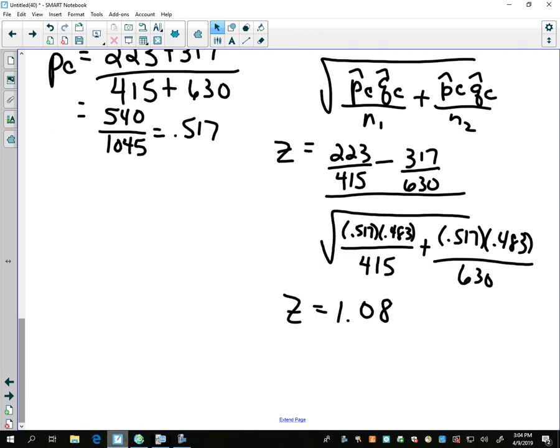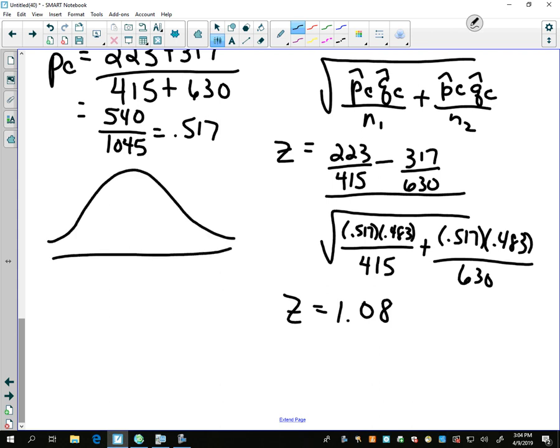So from here we have, and let's write this down. If we were to sketch out our sampling distribution, you would assume that it's centered around 0, because the sampling distribution is based on p hat 1 minus p hat 2 being very close to 0, because you're testing the claim, is there really a difference between the proportions after these remarks have been made?